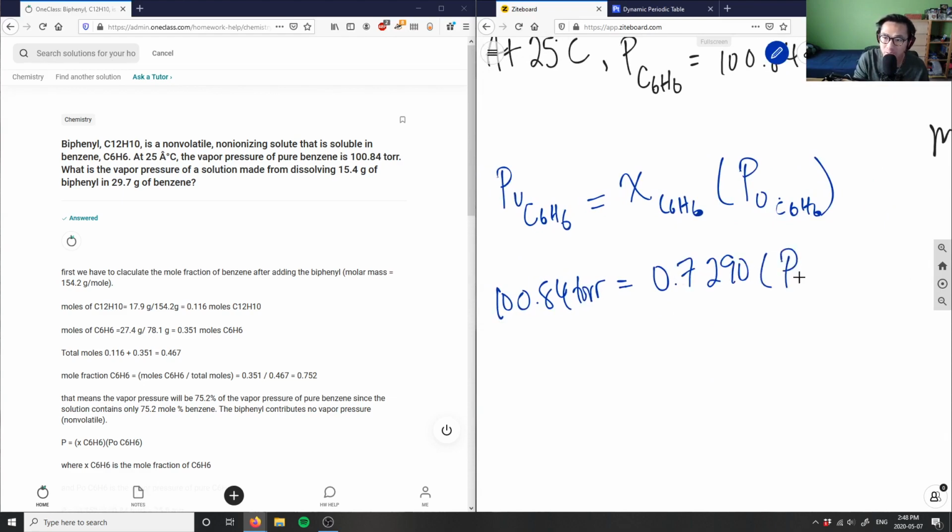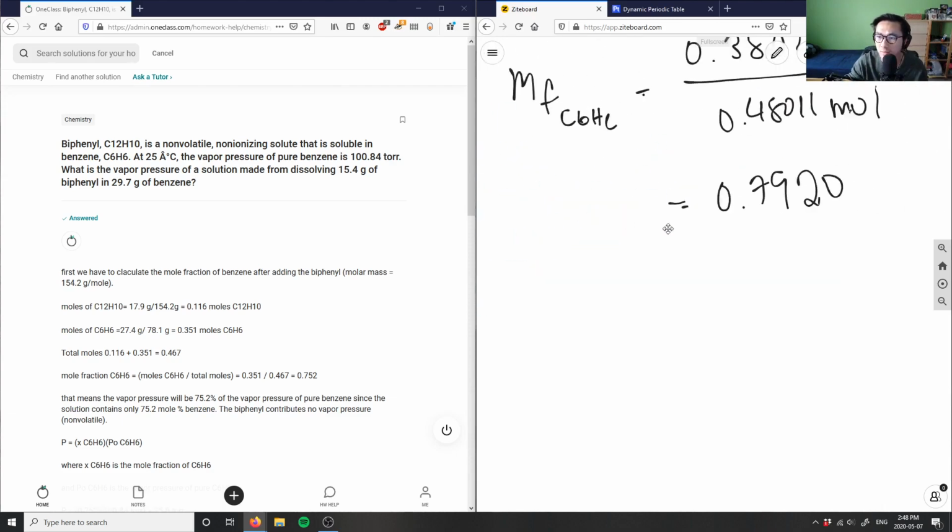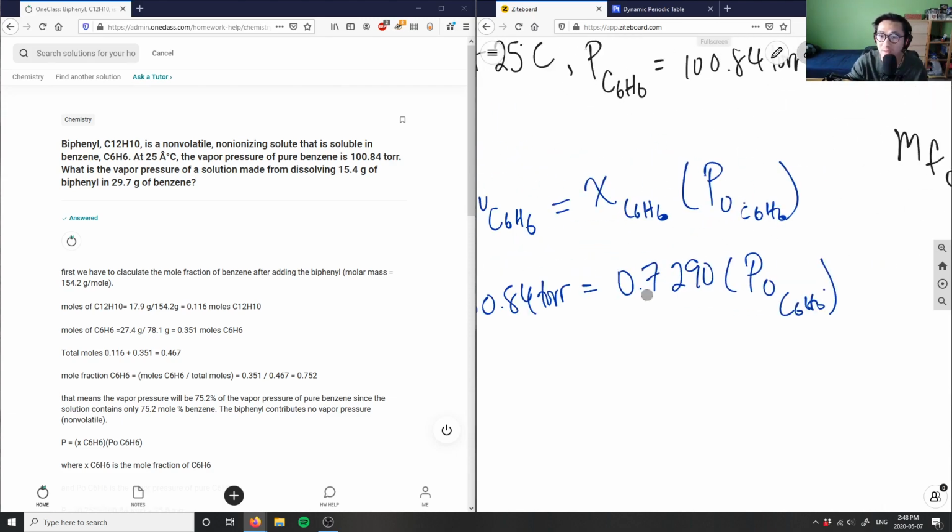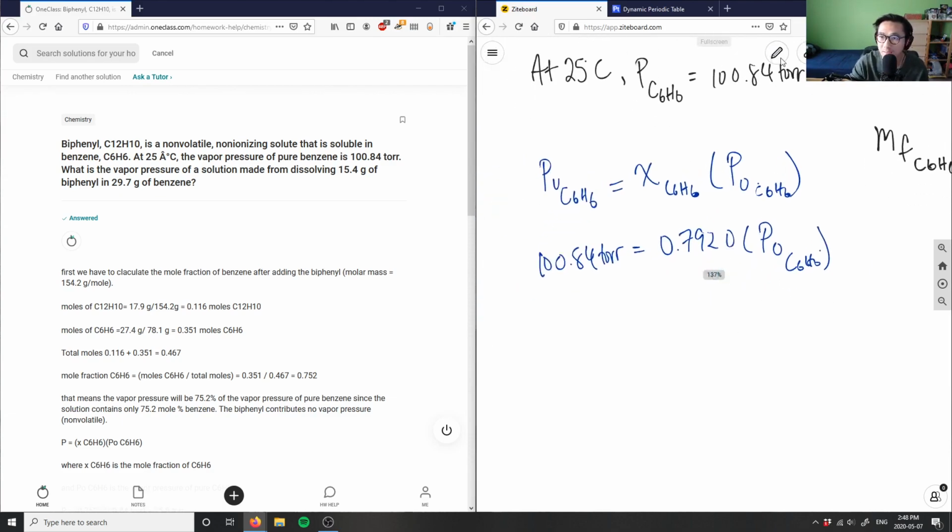Then I can divide both sides by that, and I would get my partial pressure of C6H6, or benzene.